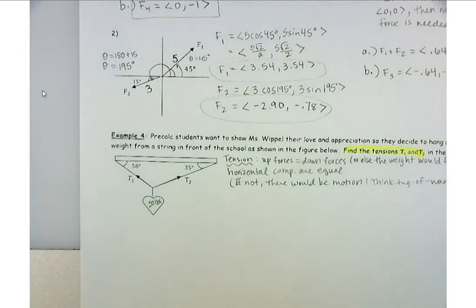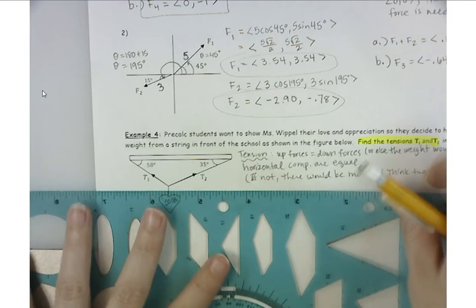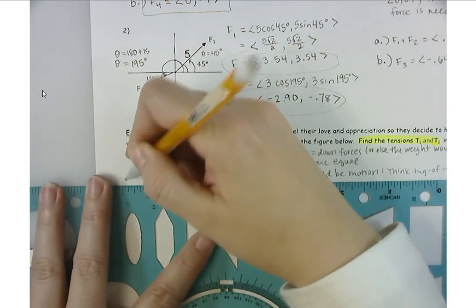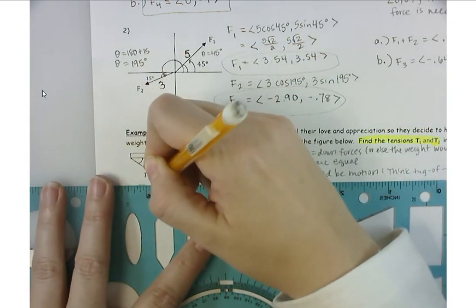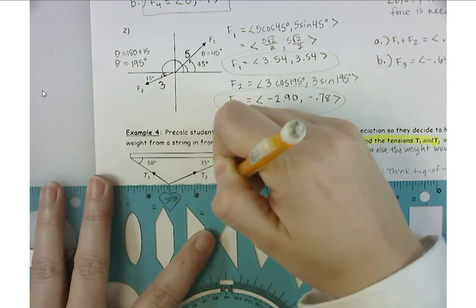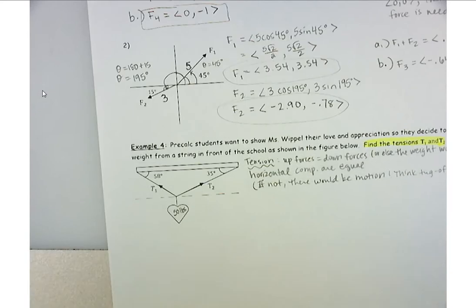So if we're looking at this picture, what I can do is think of it like this. Okay, so I'm just going to draw a nice dashed line here. Okay, and I'm going to set up two triangles.